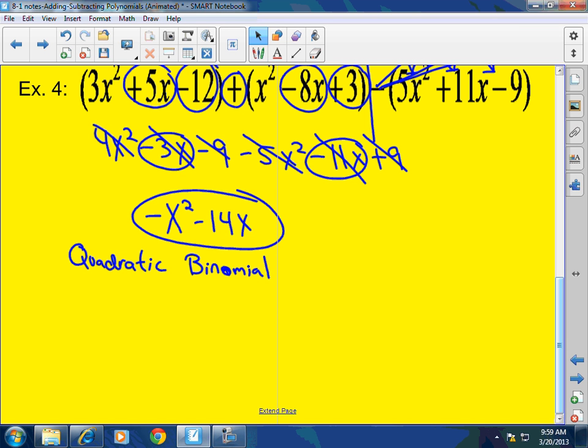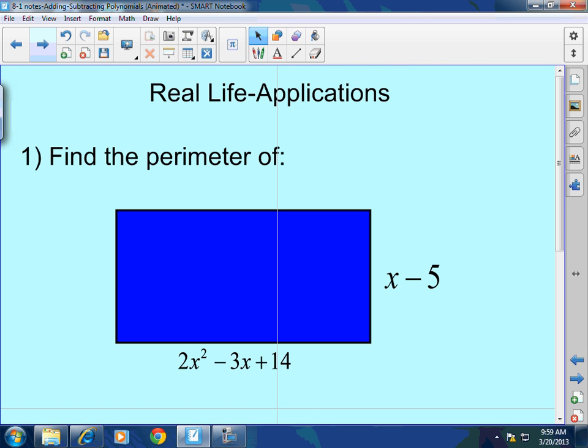Then I'm just going to tell you straight up, it's like this. In the real world, sometimes we have to use polynomials to get answers. For example, let's say that I want to find the perimeter of this rectangle. What do we know about the opposite sides of rectangles? They're congruent.